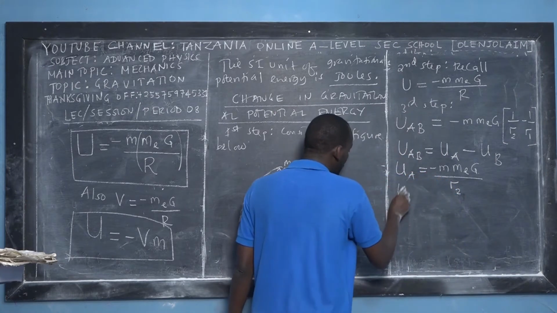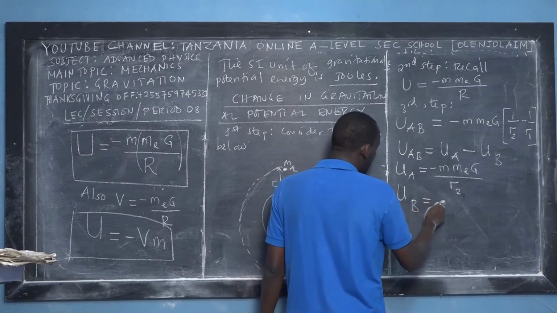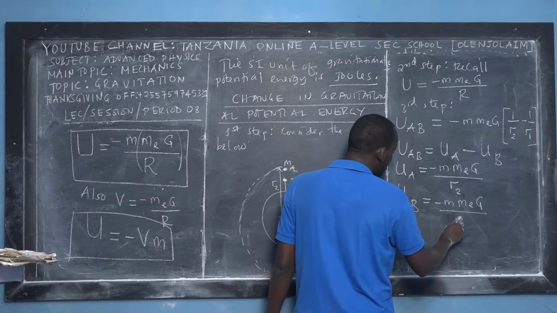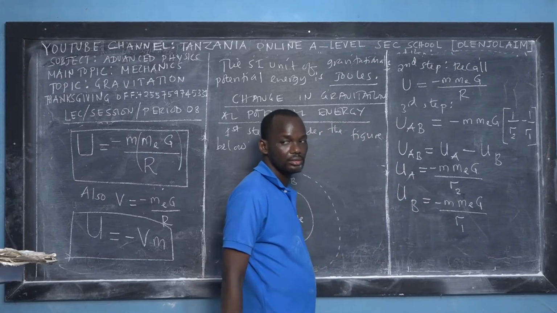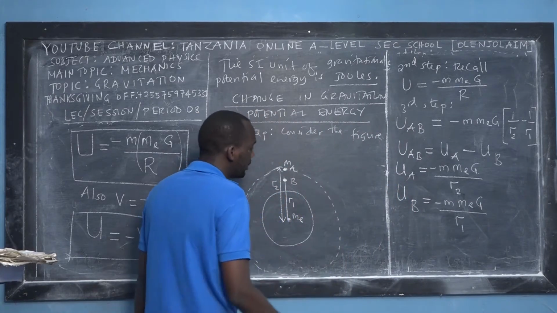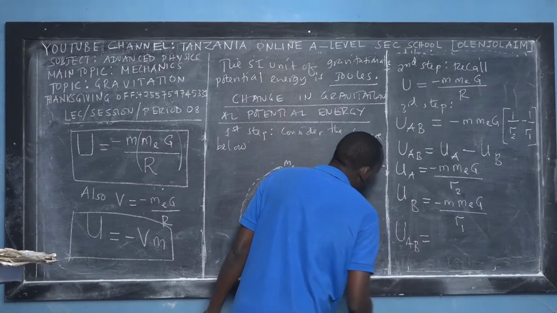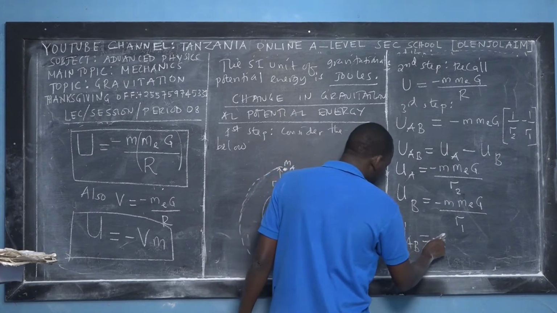And the gravitational potential at point B is equal to negative mass of the body, mass of the S, gravitational constant over radius 1. So the gravitational potential between 2 points A and B is equal to what?